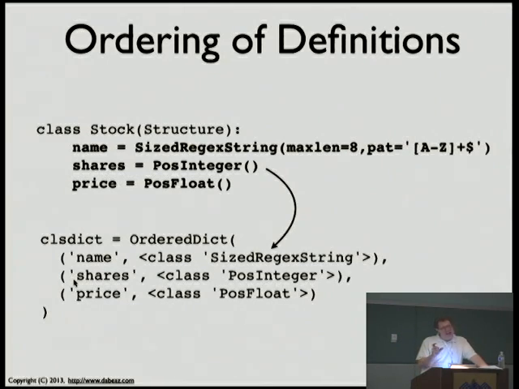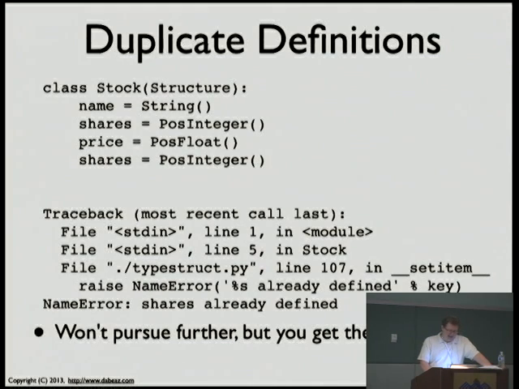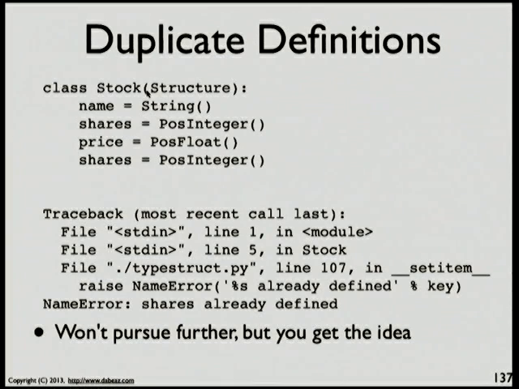There is another angle on this stuff. I'm not going to explore it too much, but there are other things that you can do. If you wanted to make even more complicated dictionary objects, you could make something that inherits from OrderedDict and then does things like duplicate detection. You could write code that generates error messages for duplicate entries in class definitions. This is open territory.